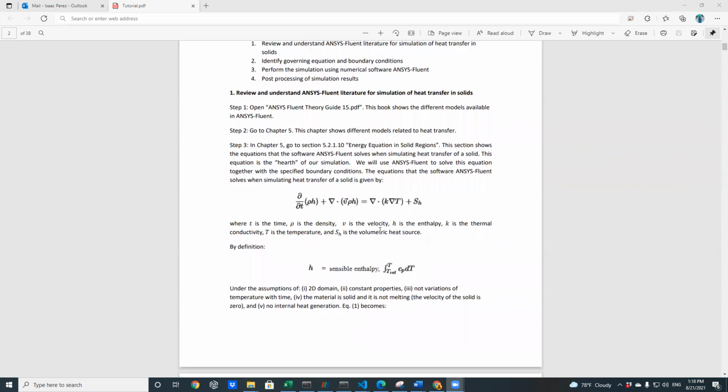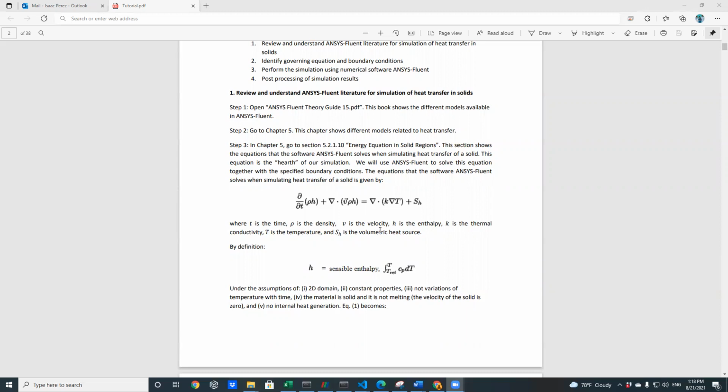In chapter 5, now go to section 5.2.1.10 and you will see energy equation in solid regions. This section shows the equations that the software ANSYS-Fluent solves when simulating heat transfer of a solid. This equation is the heart of our simulation. We will use ANSYS-Fluent to solve this equation together with the specified boundary conditions.